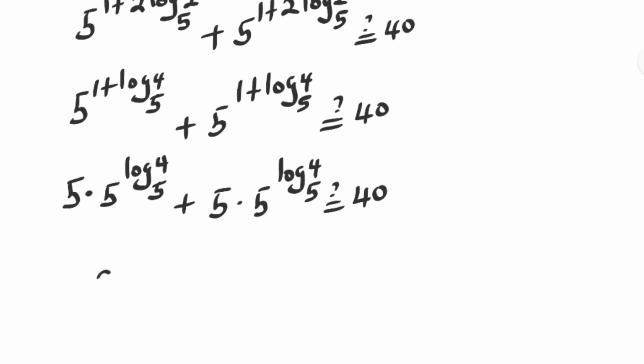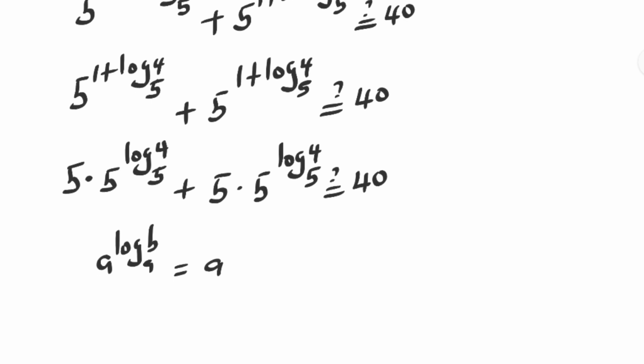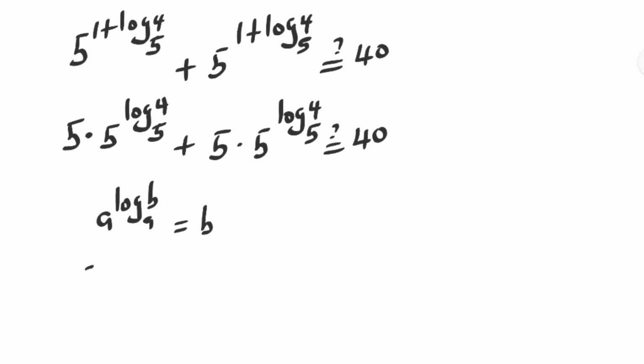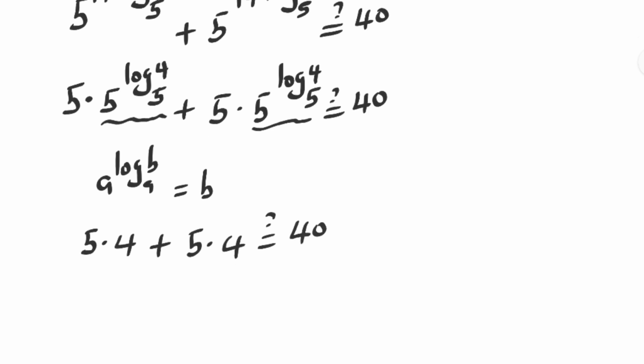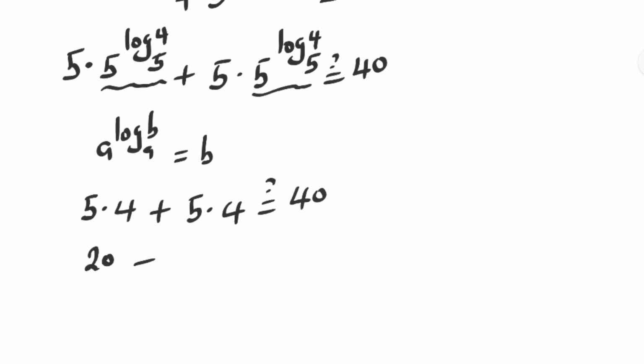Take note of this, that if you have a raised to power log b base a, this is equal to b. Therefore, we have 5 multiplied by 4 plus 5 multiplied by 4 must be equal to 40. 5 times 4 is 20, plus 20 must be equal to 40. And of course, 20 plus 20, this is 40, is equal to 40, which is true.